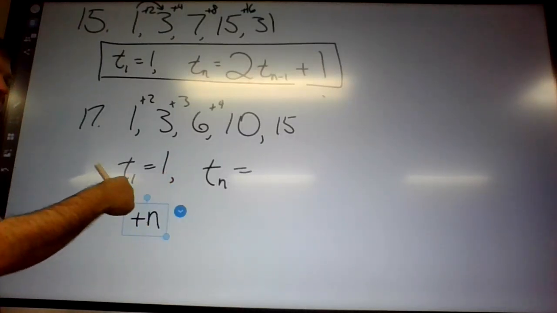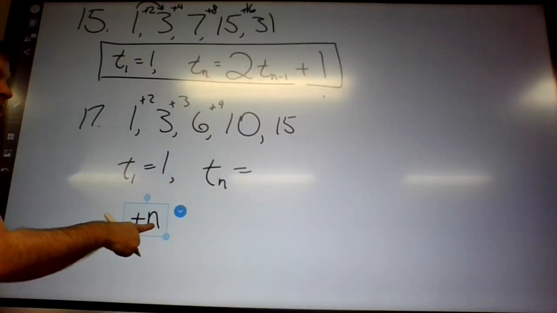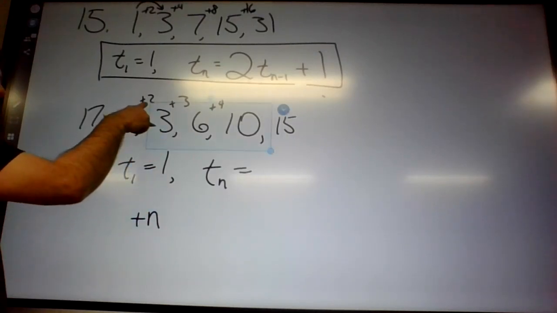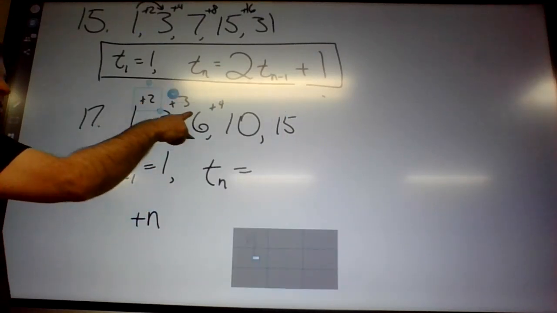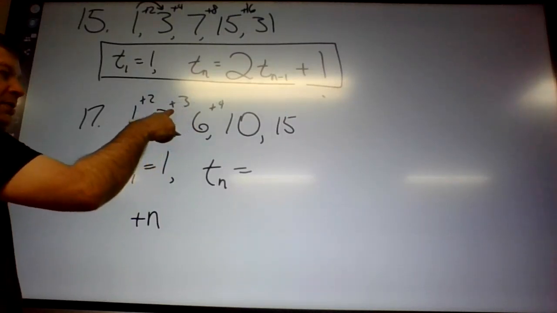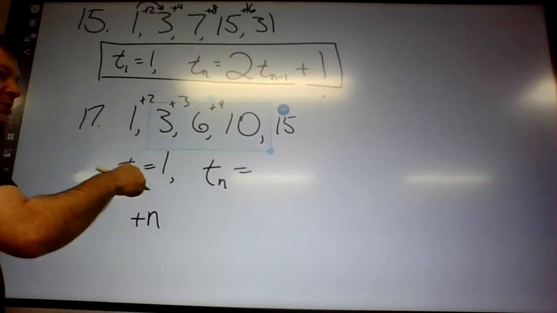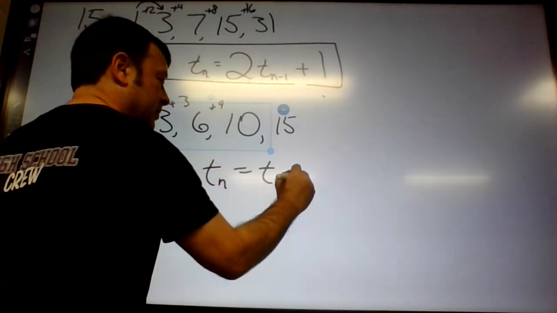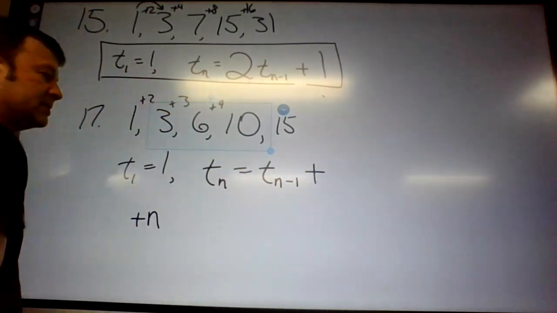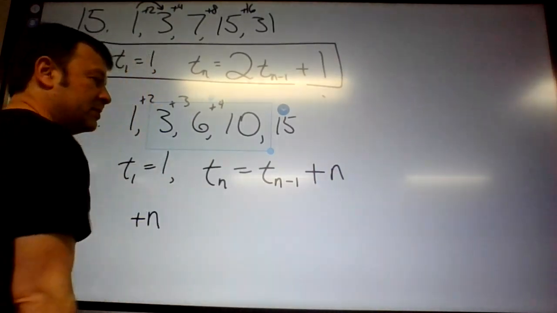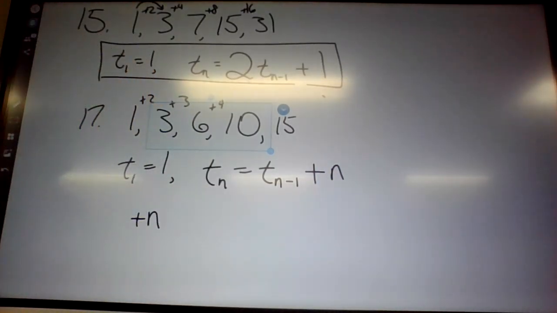Because as the number of your term goes up, the value of n goes up. So on the second term, we can get it by adding 2 to the first term. On the third term, we can get it by adding 3 to the second term. So basically, we want to take the previous term and add the number of the term that we're now on. So it's the previous term plus n.